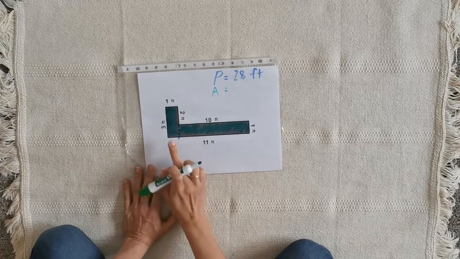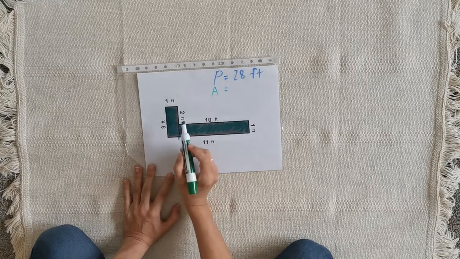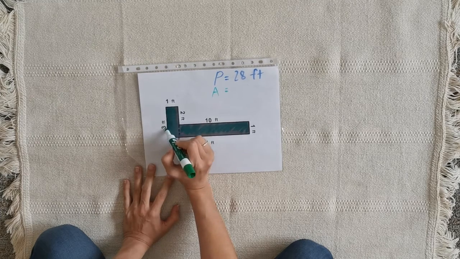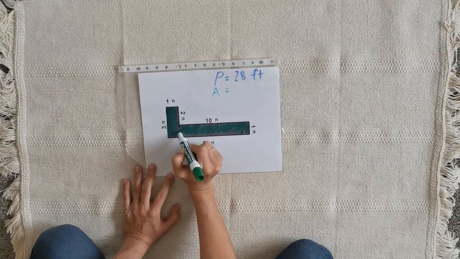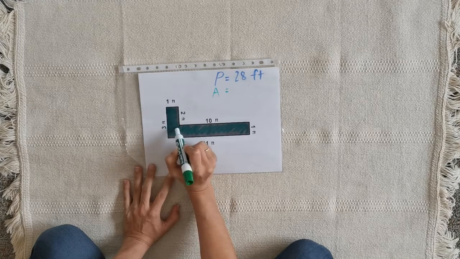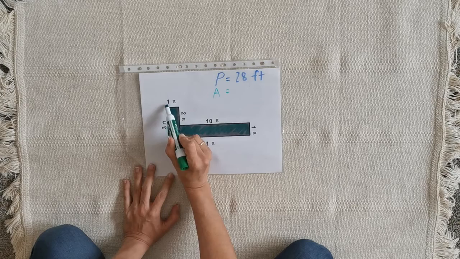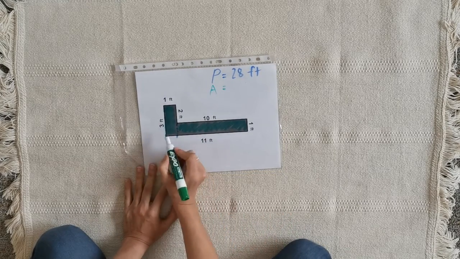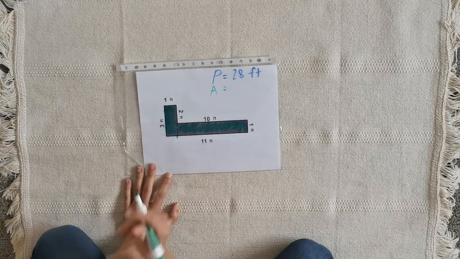Let's go with the first shape. I know that one side is 3, this side is 3, this side is also 3, because on a rectangle the sides are equal. These 2 sides are equal and these 2 sides are equal. And 1 feet. So I'm gonna use the multiplication, because this time I don't have any squares as before, to know the area.